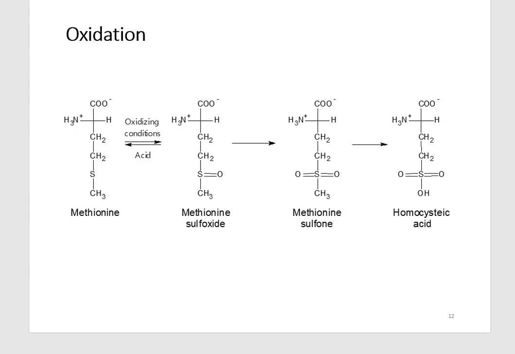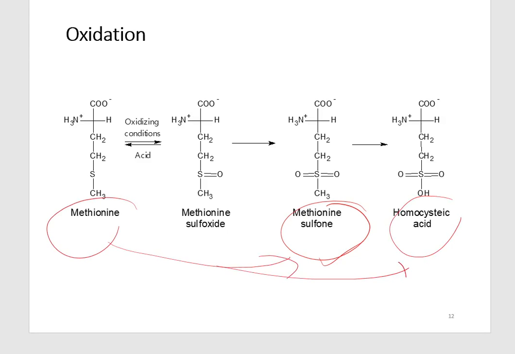Methionine becomes biologically unavailable once it's oxidized to methionine sulfone. Okay, so it won't be biologically available. Also homocysteic acid. Okay, when we convert methionine, these two oxidation products are not biologically available anymore and our body cannot use them.